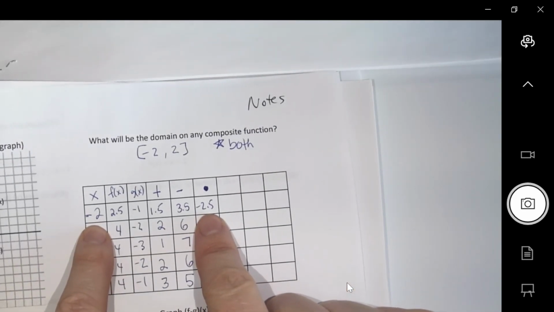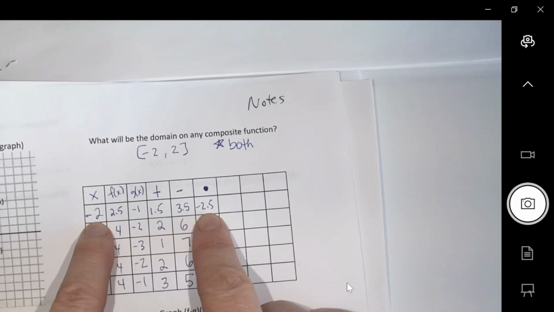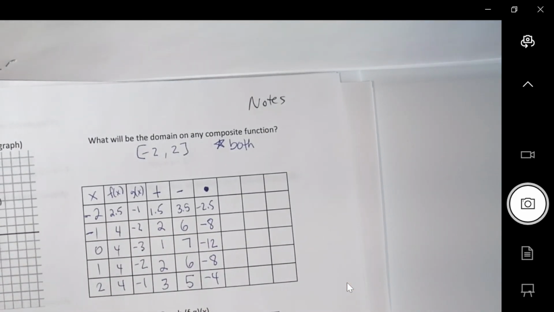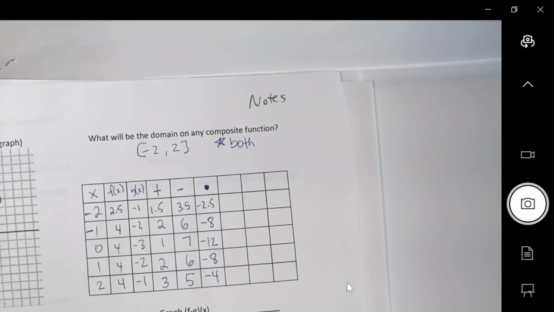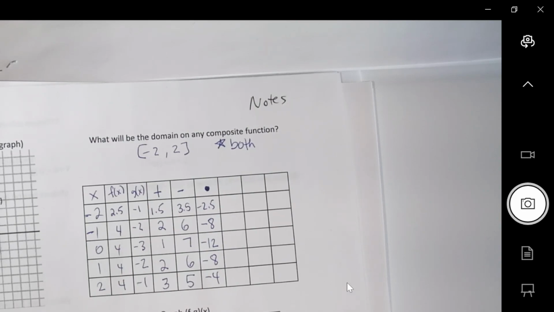Okay, so your first coordinate should read -2, -2.5. You'll just have to improvise off the graph there, I guess, a bit at the bottom.